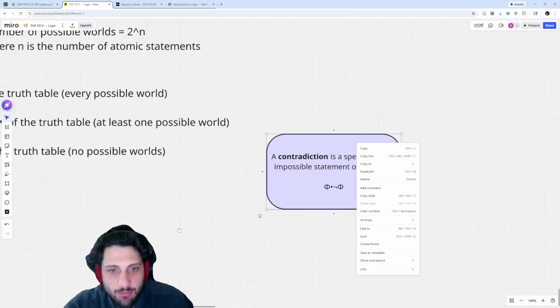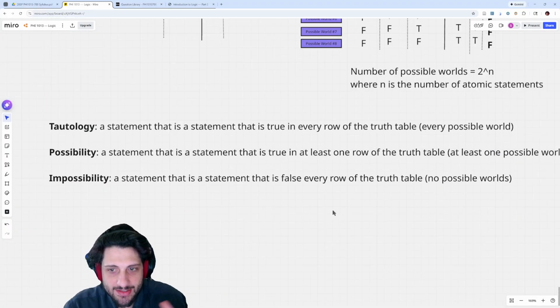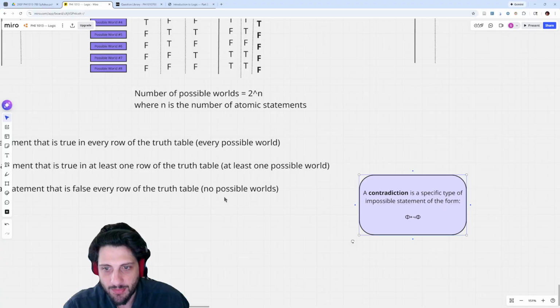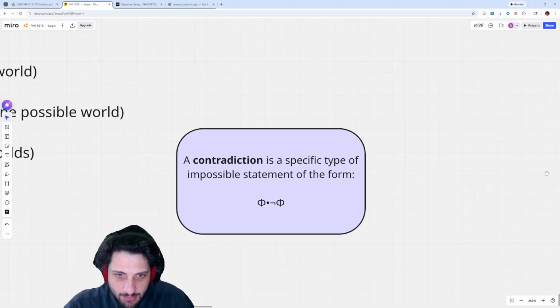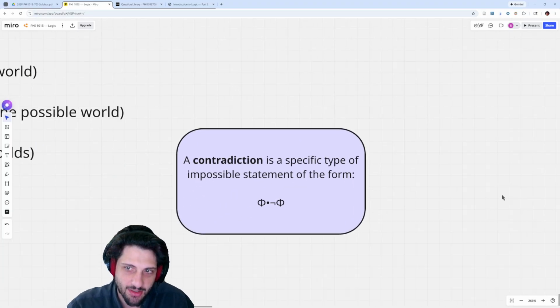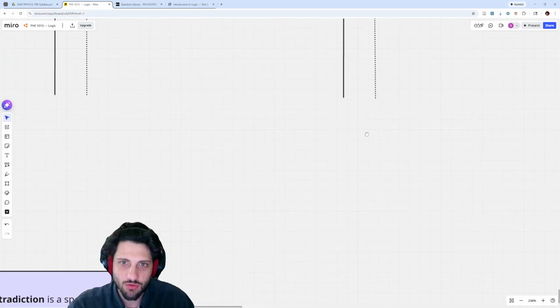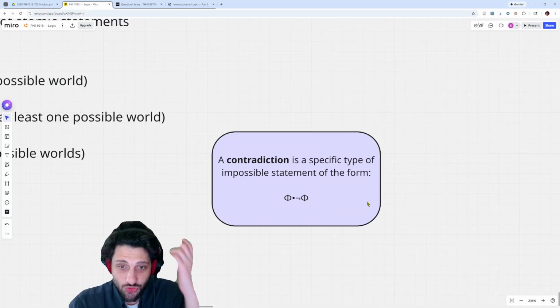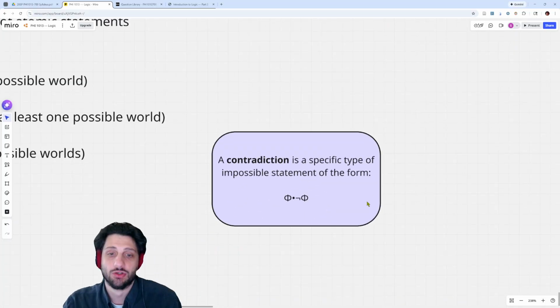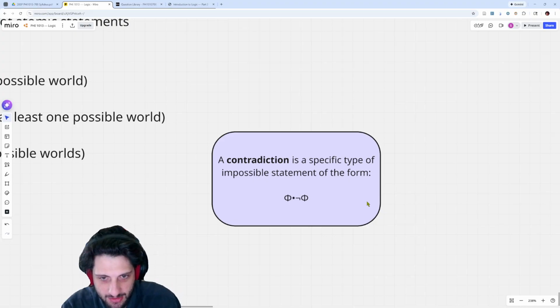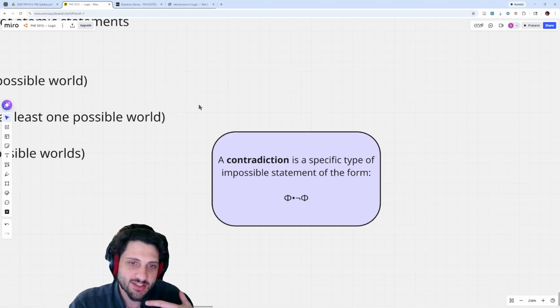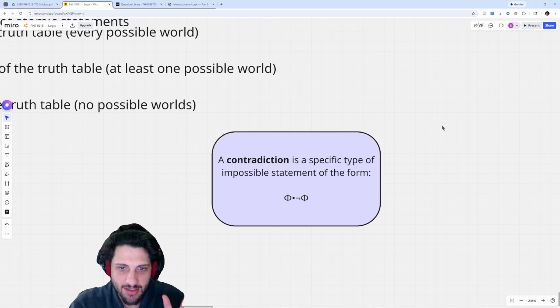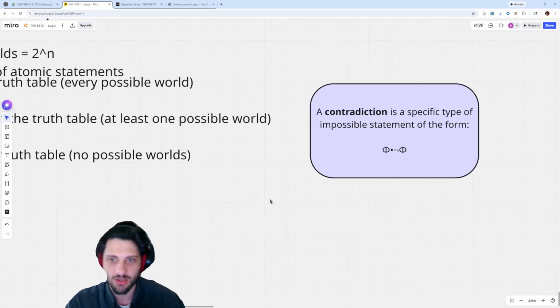So that's what we mean by an impossibility, something that is not true in any possible world. A contradiction is a special type of impossibility of this form that I just showed you, where you're saying something is true and it's not true. We'll talk about these more as we go, especially in the later units. But it's a specific type of impossible statement, a type of statement that is always going to be false.